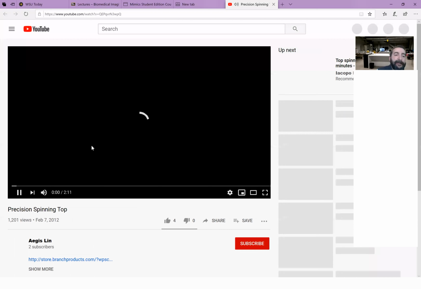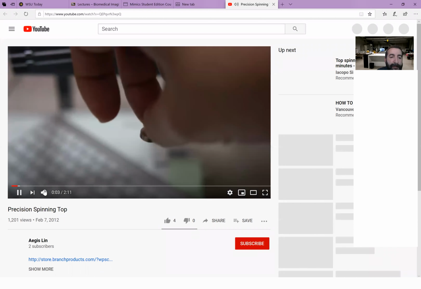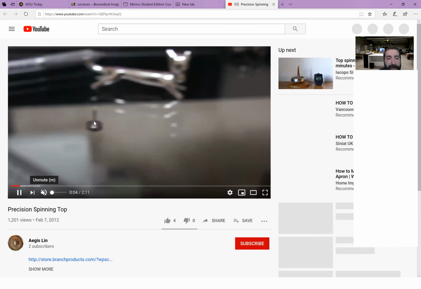I suspect most of you have seen this phenomenon of precession before and maybe not have realized it. If I can get this video to work, it's going to show a video of a spinning top. So here's a spinning top.